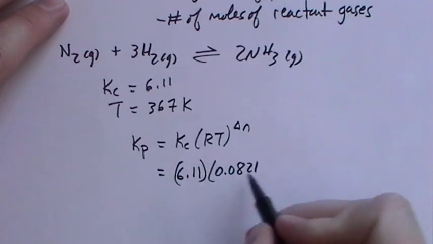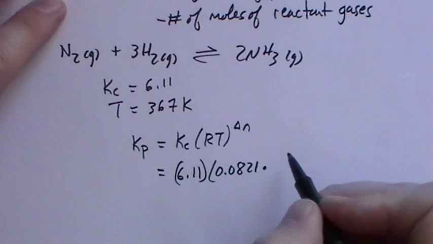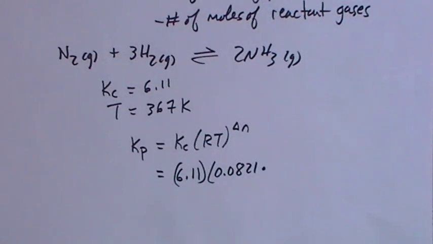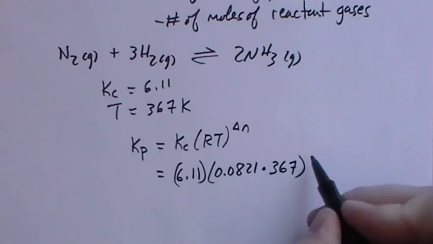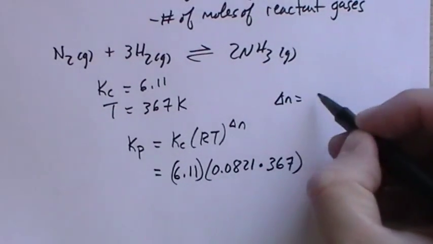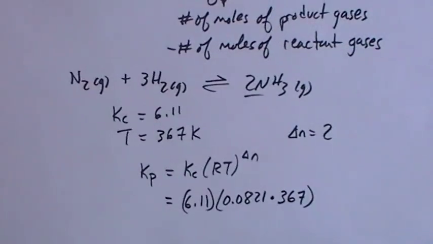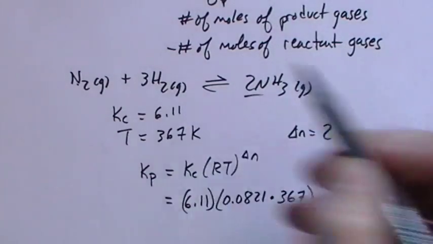R is 0.0821. I'm going to leave the units off because Kp has no units of measure, so we're just going to ignore them anyway. That gas constant is what it should be. And then for T, we're just going to put 367. As long as it's in kelvins, we can now leave off those values. Now, delta n is 2 minus the sum total of gases on this side, 1 plus 3, 4.